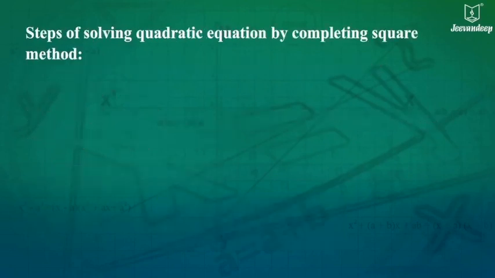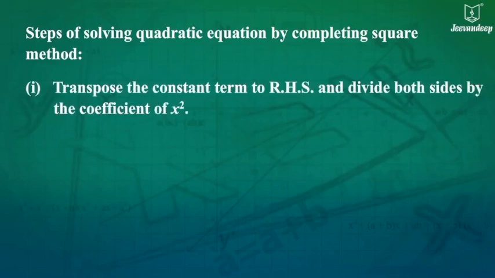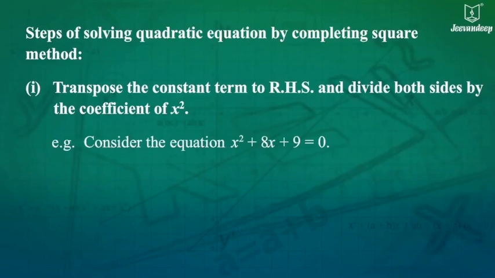Steps of solving quadratic equation by completing square method. First step, transpose the constant term to right hand side and divide both sides by the coefficient of x square. For example, consider the equation x square plus 8x plus 9 equals to 0.